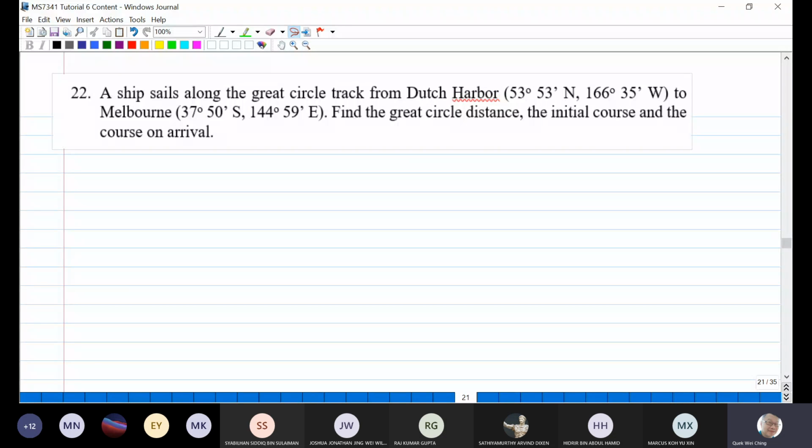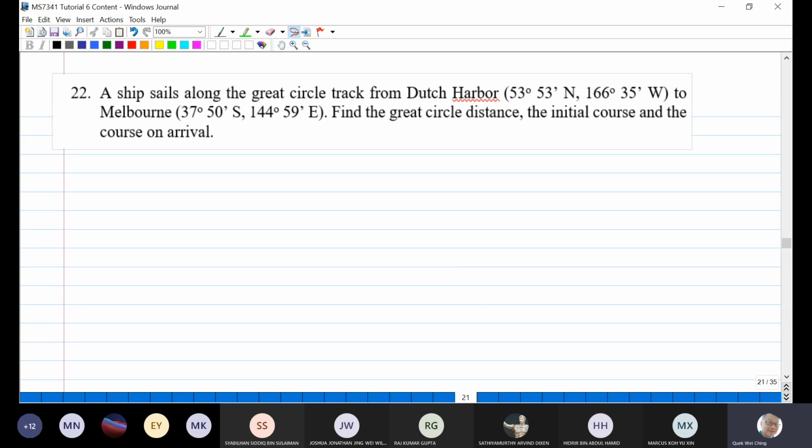So this question is interesting because I took a while to figure out the answer, because the answer is not obvious. Let's try to draw the picture of the Earth first. I think it's easier to understand.